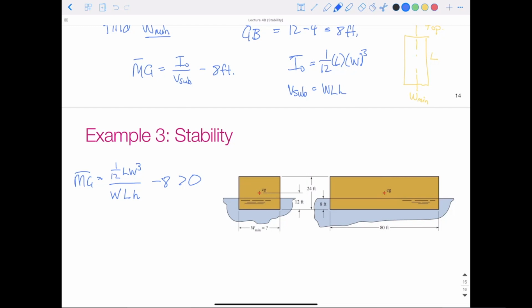Or basically, if we simplify and get rid of the cubed, we care about the condition where 1/12, the lengths go away too. So 1/12 W squared is, or rather, I should be more complete, is greater than H times 8.